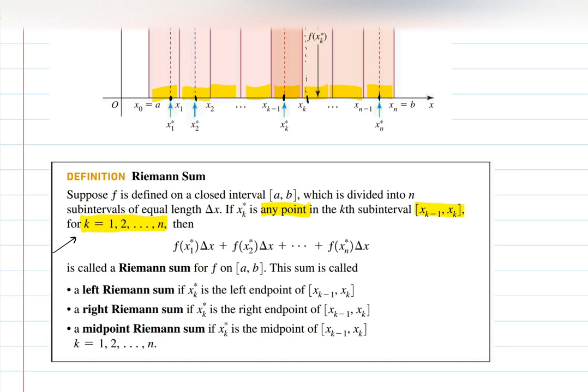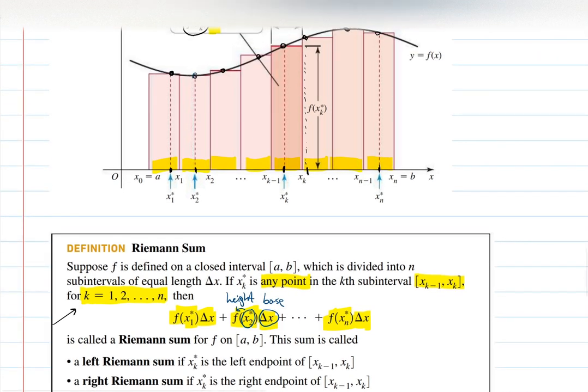Then we're adding base times height, base times height, base times height. Base is always the same. Height, on the other hand, is different. How to find height? Take the point, plug it into the function. It will go over here.